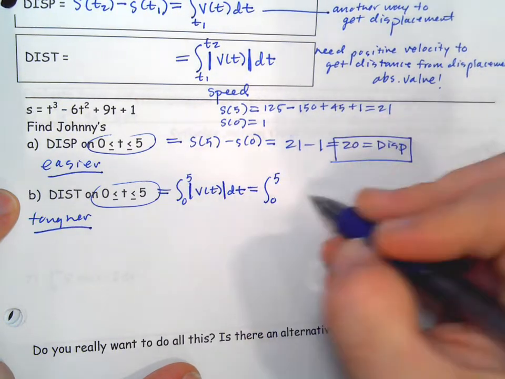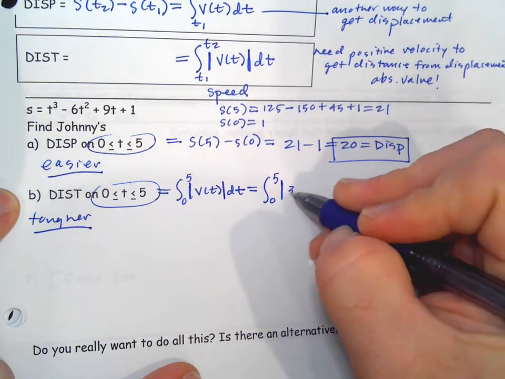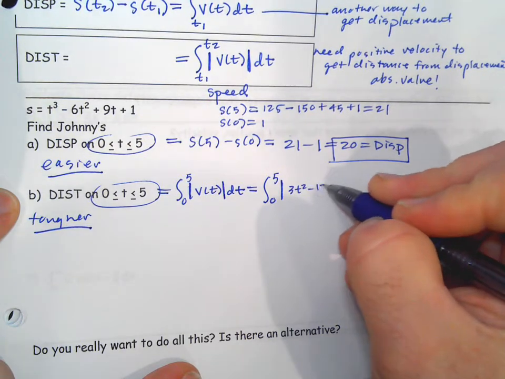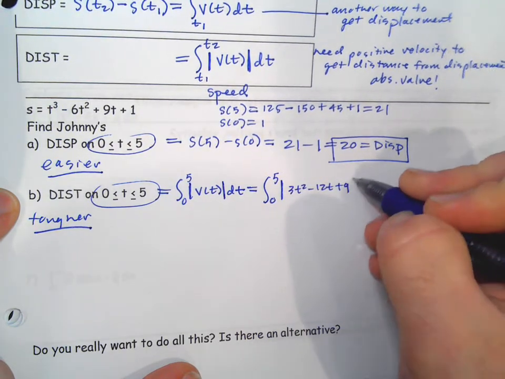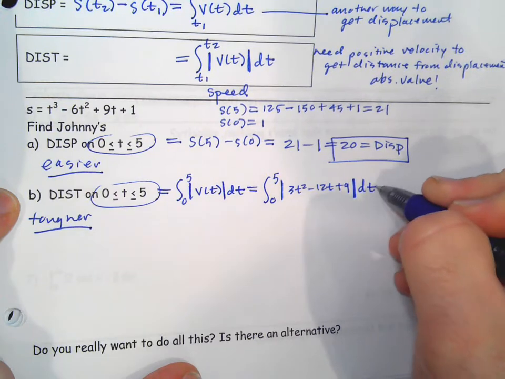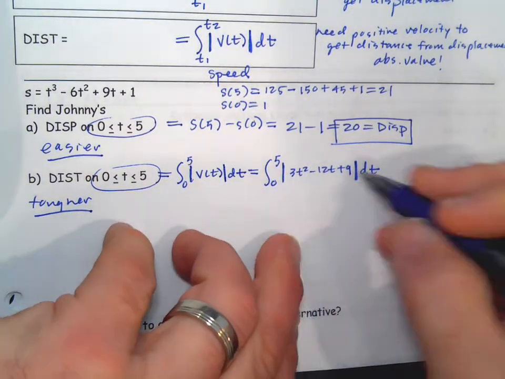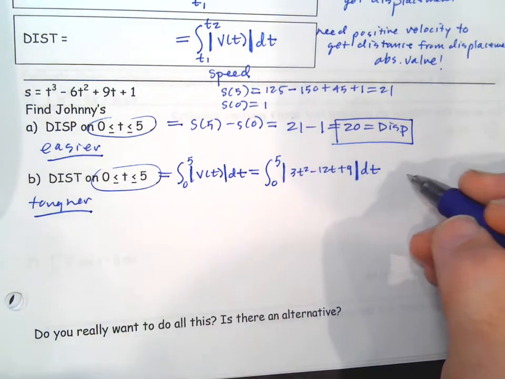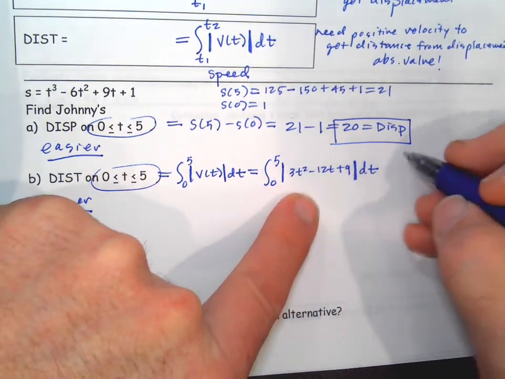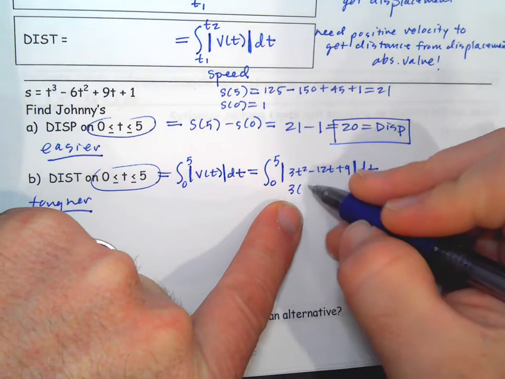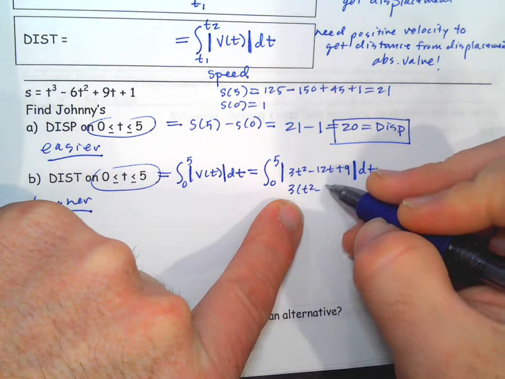The velocity is 3t squared minus 12t plus 9. Remember, the way we do this is we break this up into its positive and negative chunks, integrate them separately, and fix the negative chunks. The way we do that is we find the zeros first.